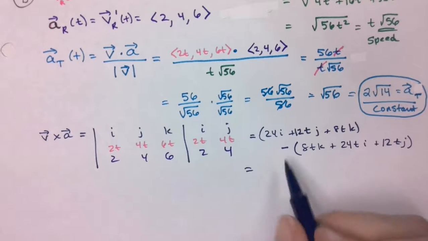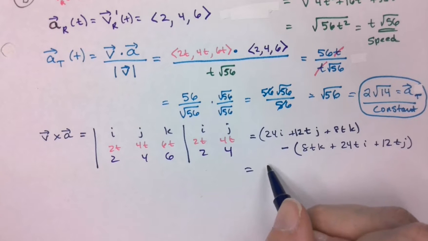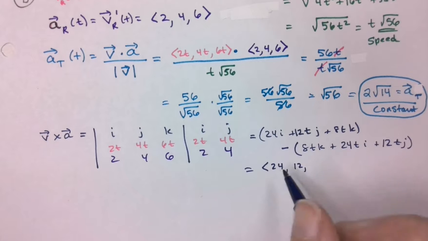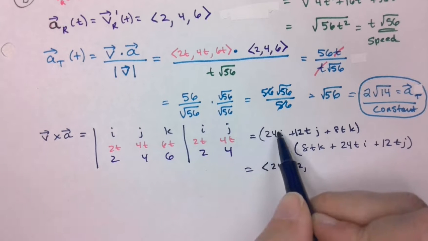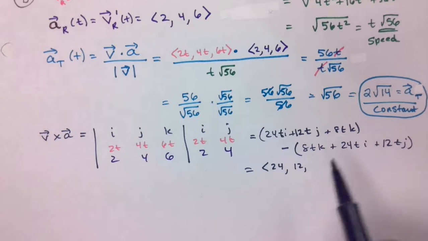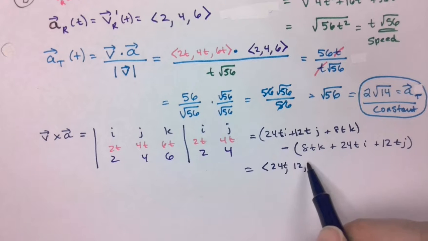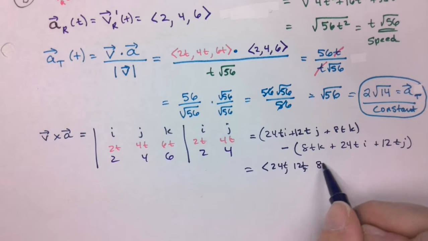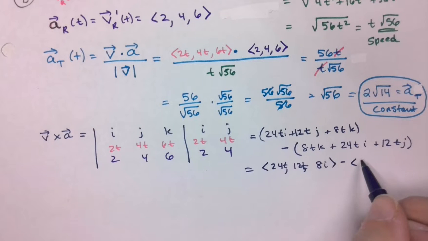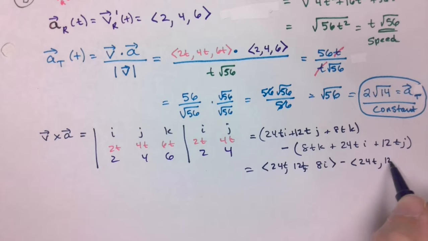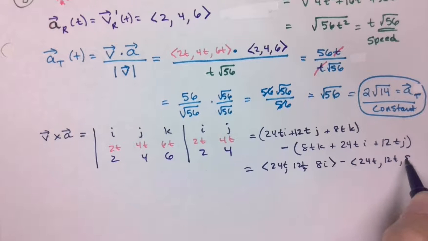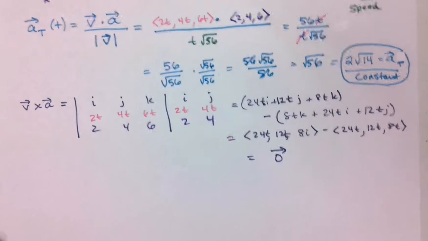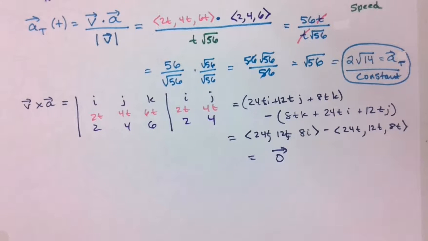Let's think about it, 24t i, 12t, and 8t. Take away 24t, 12t, 8t. Uh-oh. That's the zero vector. Your cross product is the zero vector.